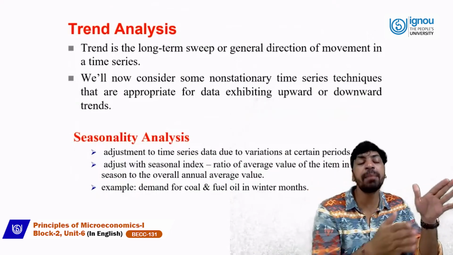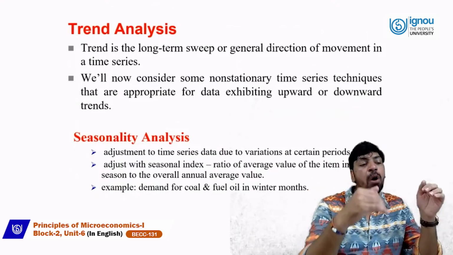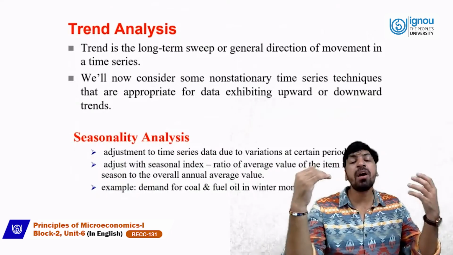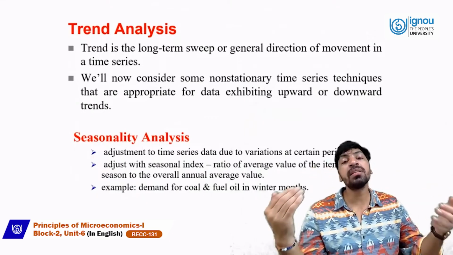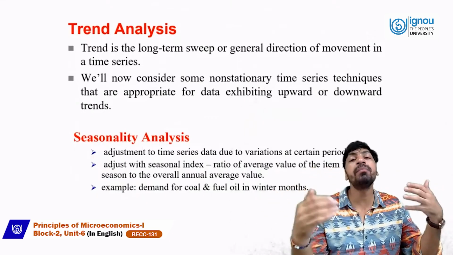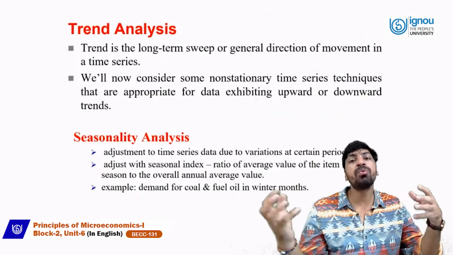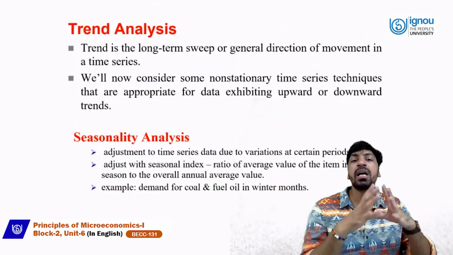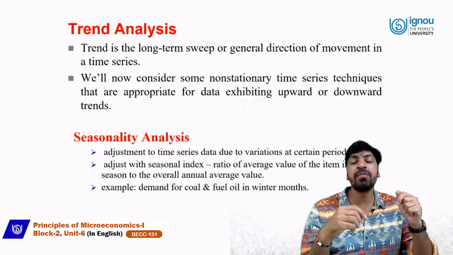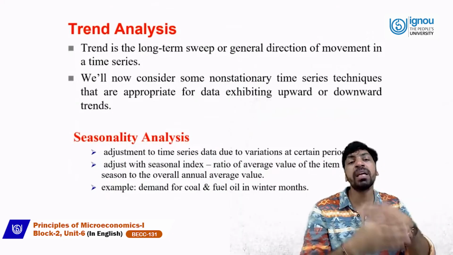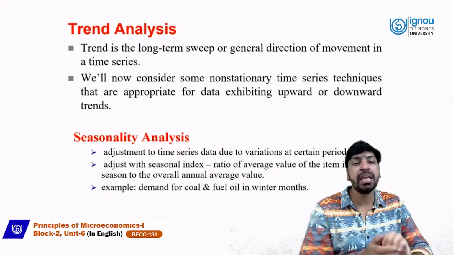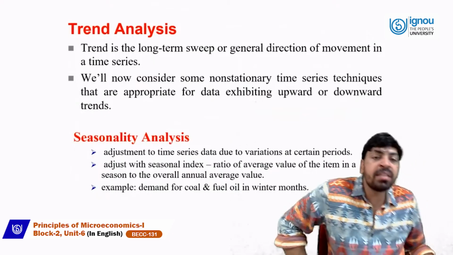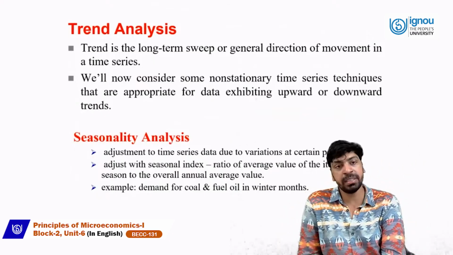So according to the time period, it shows how much the future and the forecasted values will change during a particular period of time. So that's why it shows a long-term sweep, whether it goes up and down, showing the directions of movements in a particular time series, whether it would be monthly or yearly.